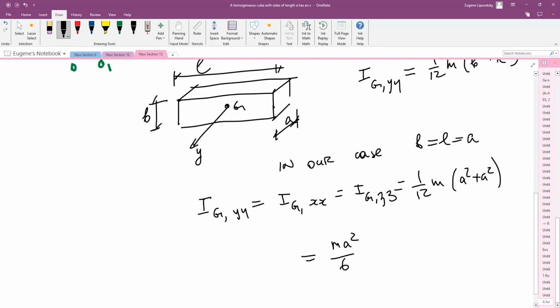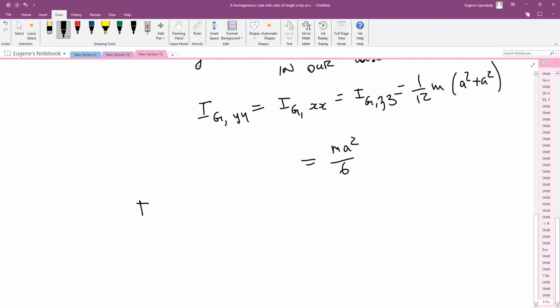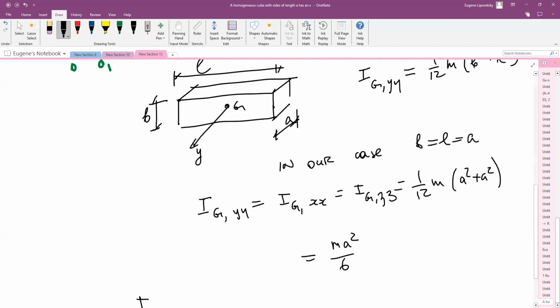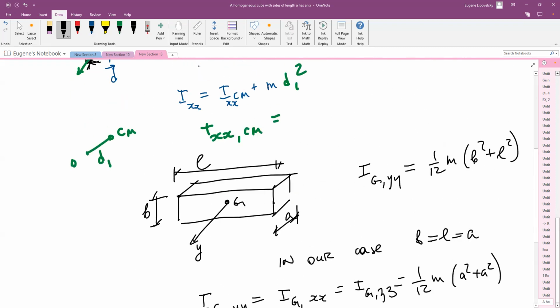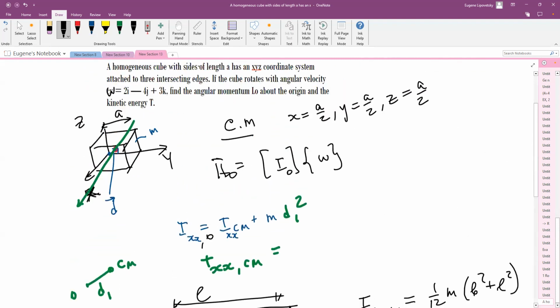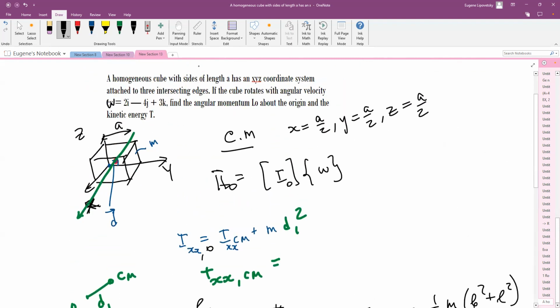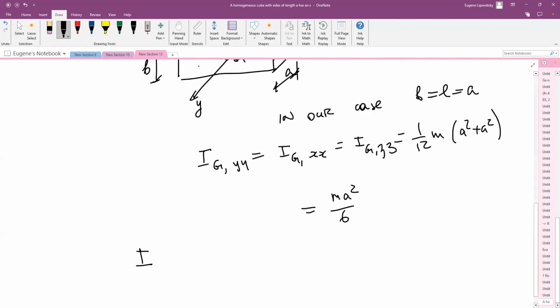Now we use the parallel axis theorem. I_xx about O, the O being the origin, which is where the three edges intersect, will be basically the same as I_O yy equals I_O zz, which will be M A squared over 6 plus M times D1 squared.